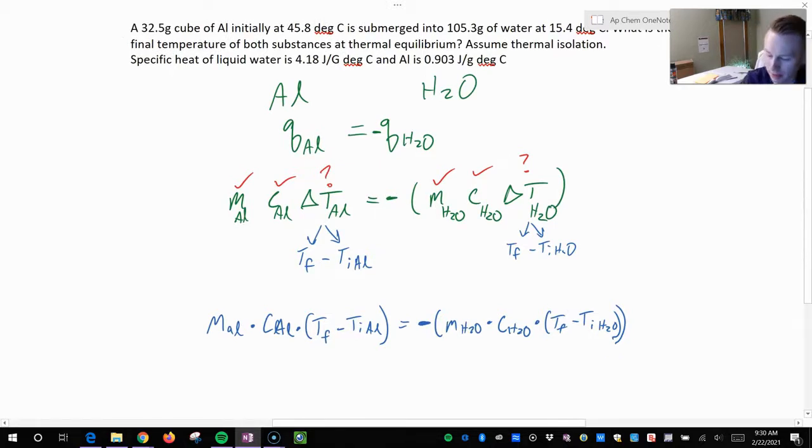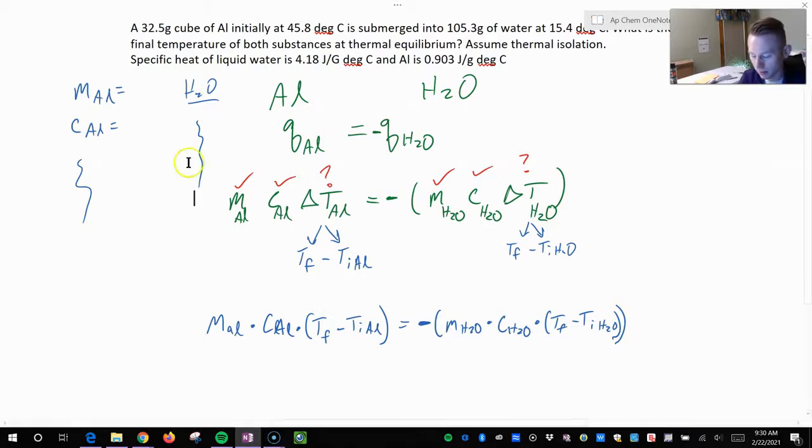And it's never a bad idea to list out your mass of aluminum equals, C of your aluminum, and so on, and then do the same thing for your water and list all that stuff out. I would recommend doing that now, but I'm just going to start substituting in values.